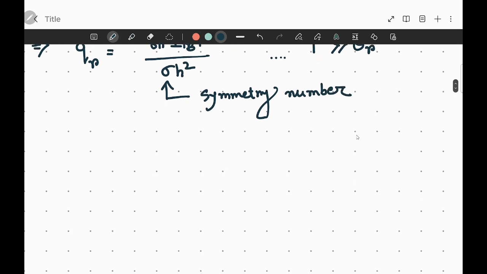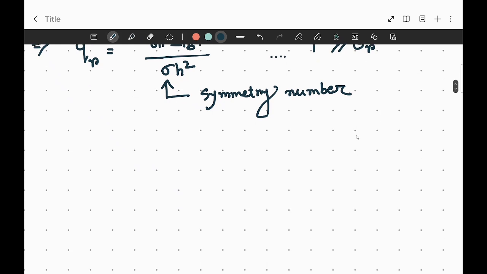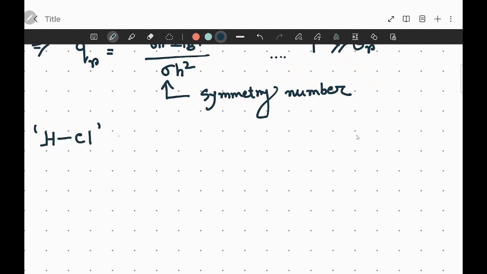Let us consider the very trivial case, which was also discussed in class. For a homonuclear or heteronuclear diatomic molecule, let's say if you consider HCl, this is a heteronuclear diatomic molecule.